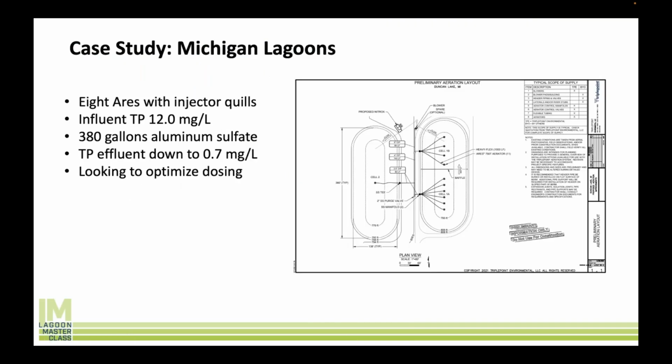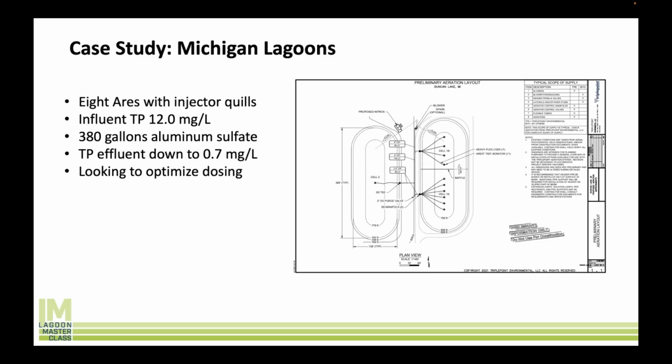So a couple of case studies here that I want to talk about. This one is in Michigan, where we've been doing total phosphorus projects probably for 10-plus years. At this particular site, we used our injector unit, where we fed the chemical down to our aerator that has an injector quill in the center of it, releases the chemical, mixes it, and helps it settle down.